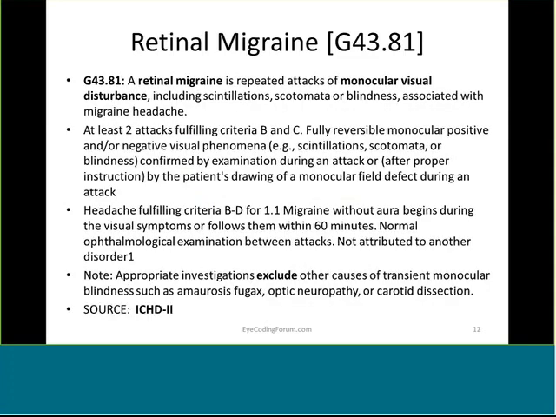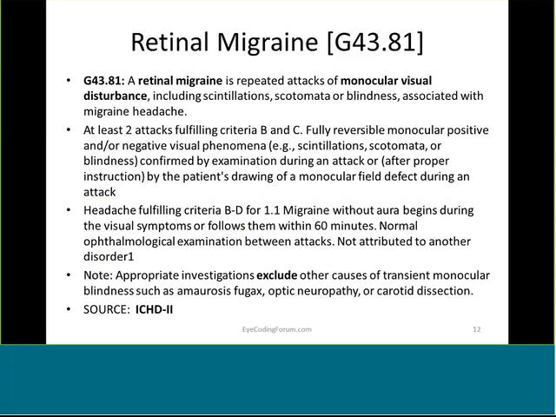So here is the ICHD-2 listing for a retinal migraine. And again, it's very detailed here, but anybody can look this up. And again, my point here is that when you talk to the doctors, a lot of them will use these codes interchangeably. And if you look up on the internet, you also will see numerous definitions, including our friends Wikipedia, where they are listed as being synonymous, and they're simply not.